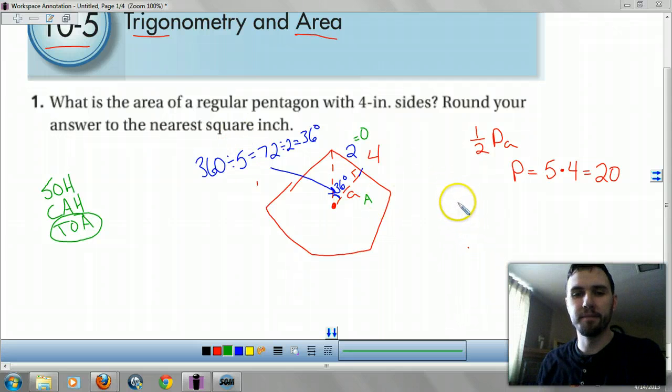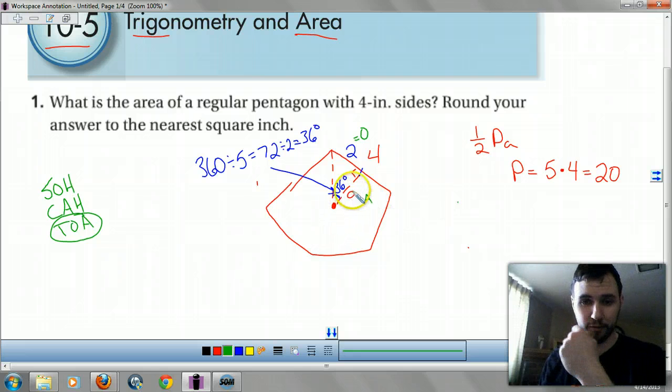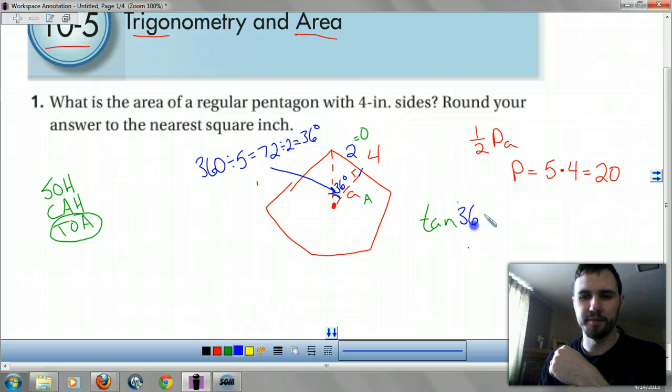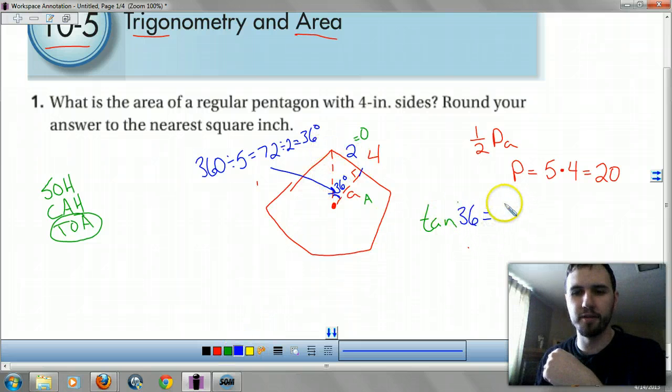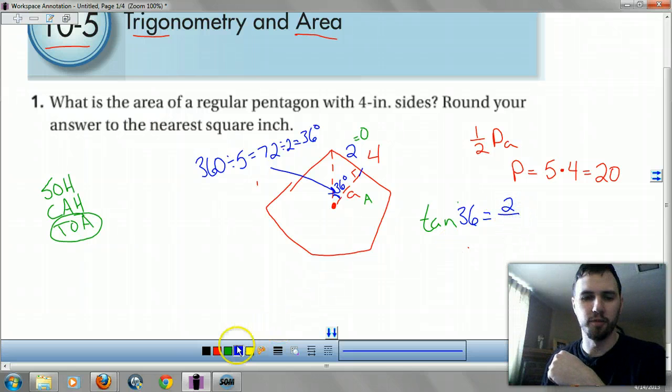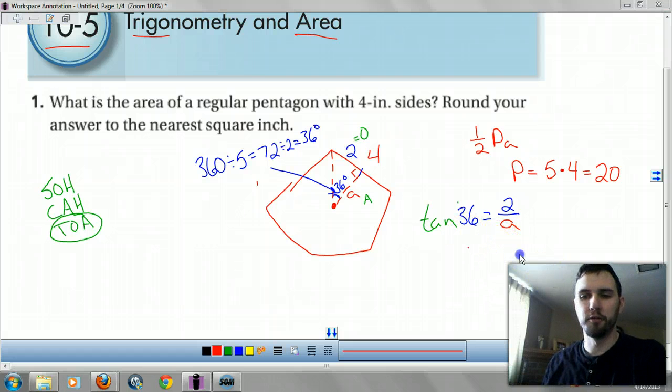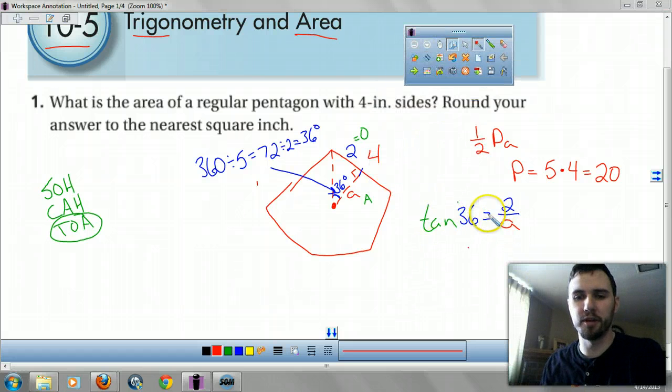So to find A, that's red A right here, we go tan of 36 degrees equals my opposite, which was 2, over my adjacent, which is also my apothem. Okay? So that one trick I showed you guys a long, long time ago, you switch these two for each other, right?